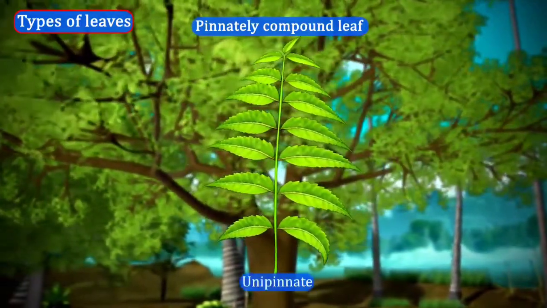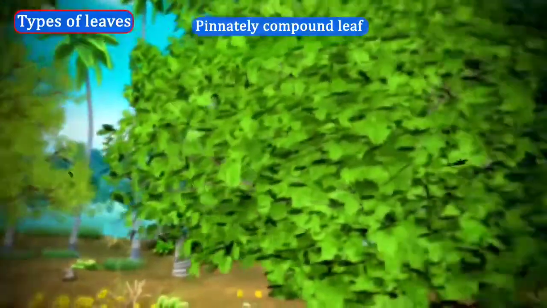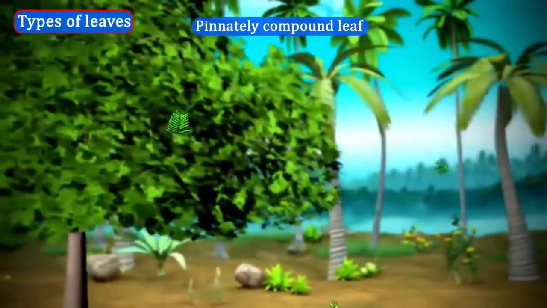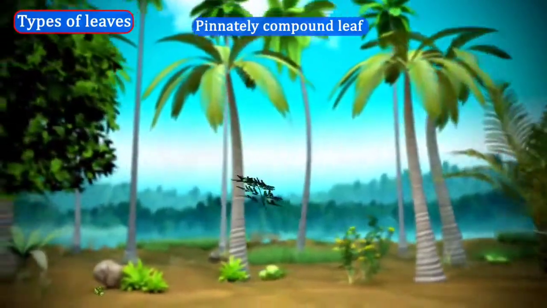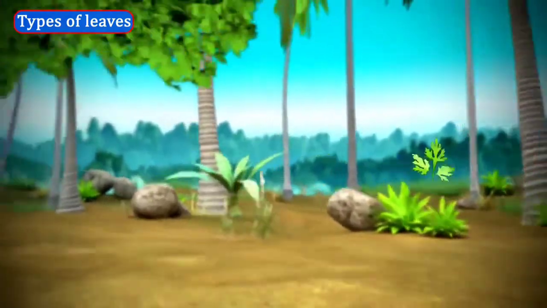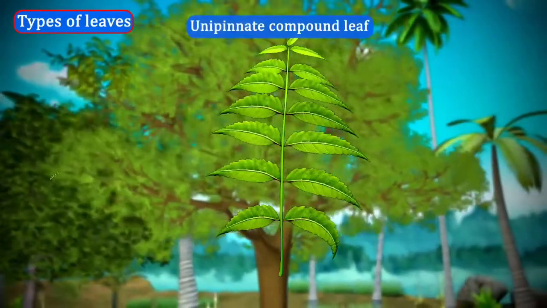They are unipinnate compound leaves, bipinnate compound leaves, tripinnate compound leaves and decompound leaves. Unipinnate compound leaf.